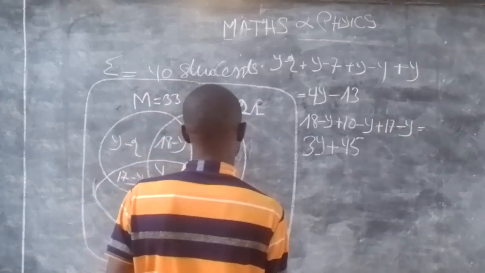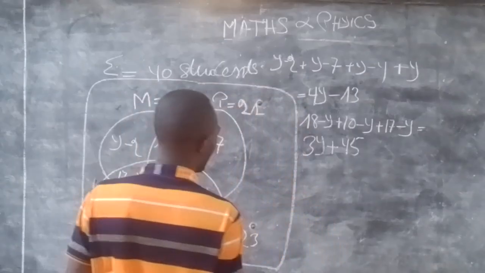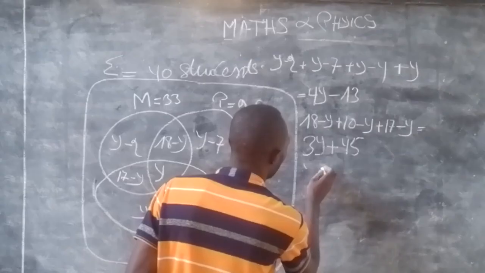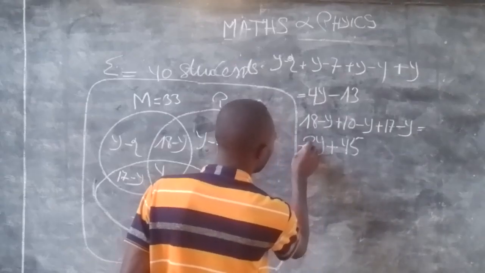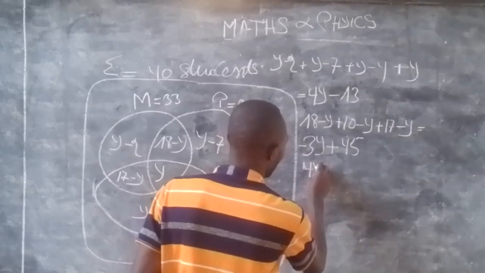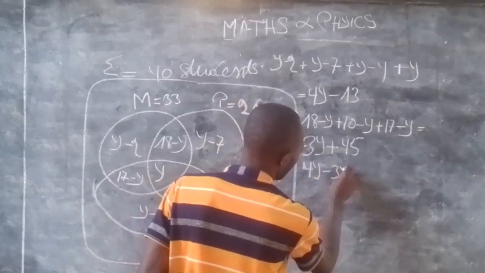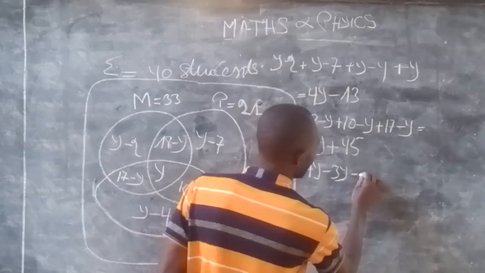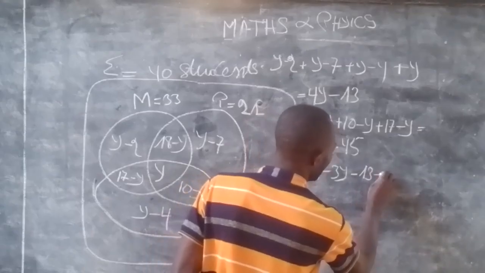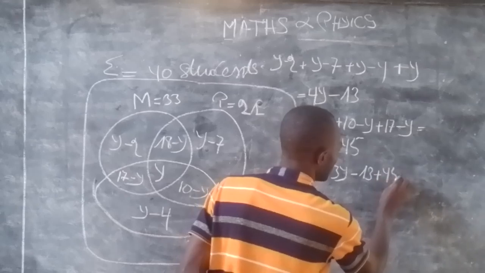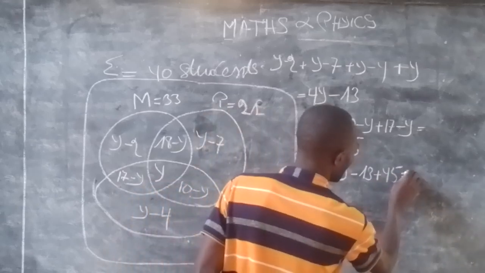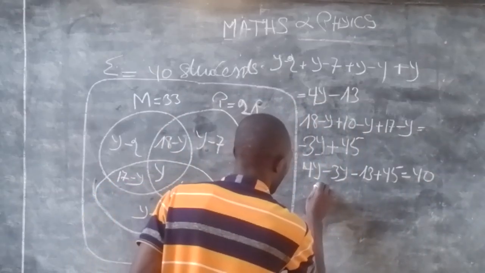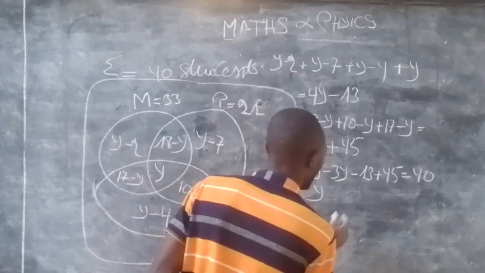and see what we have given before. So let's see how we find our answer. So here we have 4y, negative 3y, negative 13, positive 45, equal to 40. So here you see that we have 1y, our equation equal to 1y.